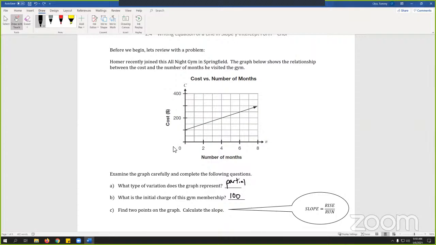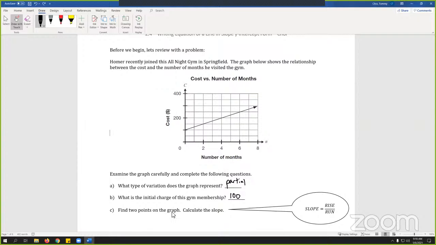He's always going to have to pay $100 no matter what, so that's going to be the initial charge. There's other names for it, right? Initial value, fixed fee, flat fee, that kind of stuff. That's what it's referring to.